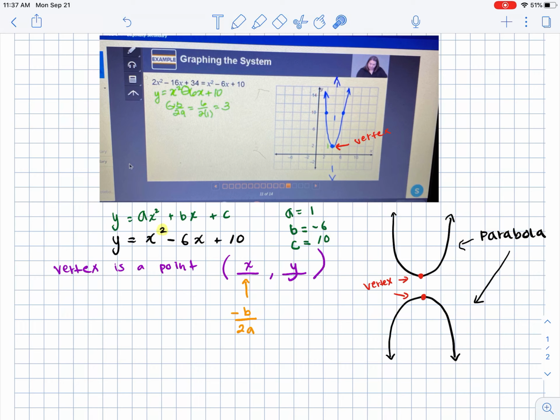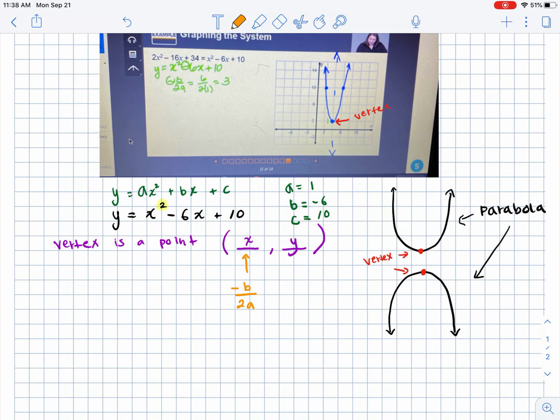In order for us to use this orange formula for the vertex, we're going to use the b and the a. Let's plug it in right now. We have -b, so my b is -6. I want you to notice that I kept this negative in front of the b, and then I also plugged in -6.